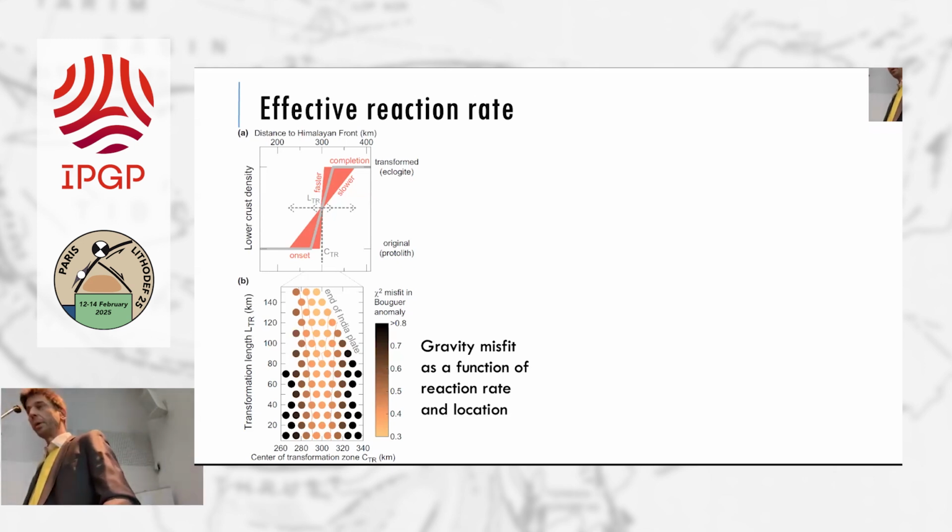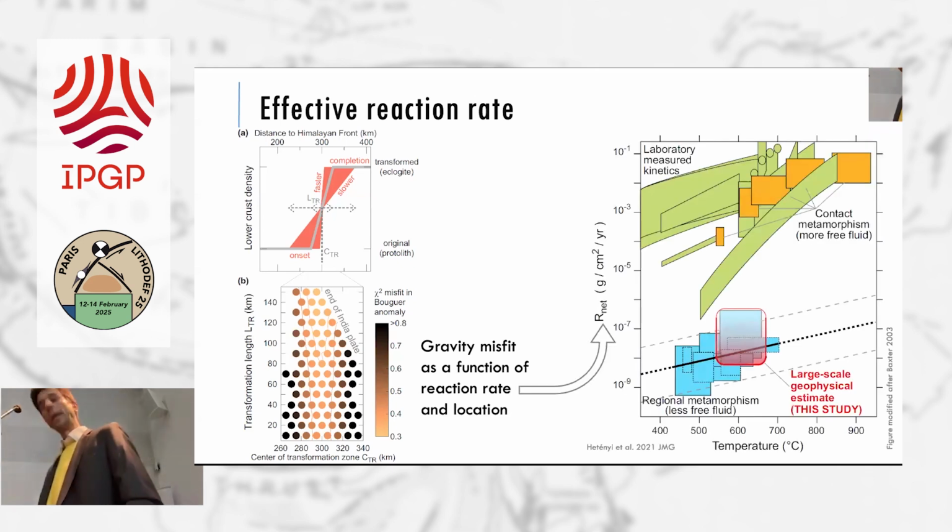We try to compare this with what petrologists find for reaction rates on a small scale, from outcrop scale or even lab and experiments. So this diagram on the right is showing you two groups of metamorphic reaction rates. On the top, you have the fast reactions with lots of free water and typically contact metamorphism, which are orders of magnitude faster than regional metamorphism with much less free fluid in the field examples.